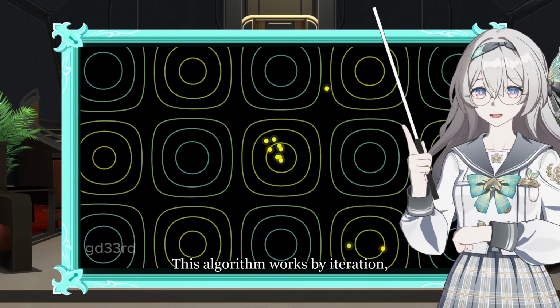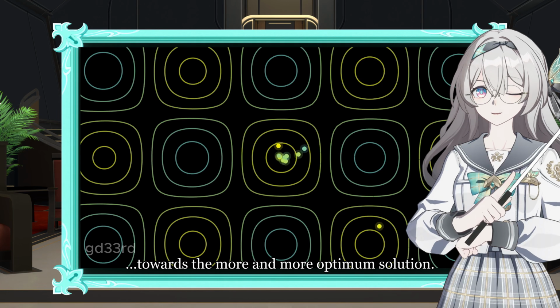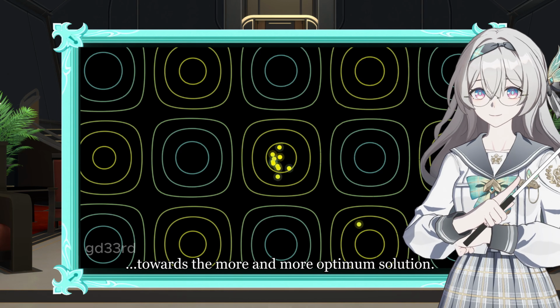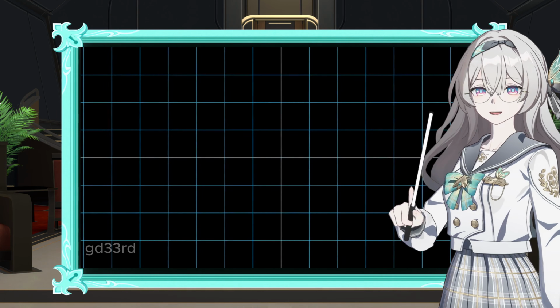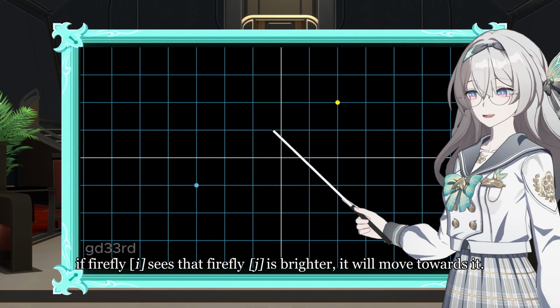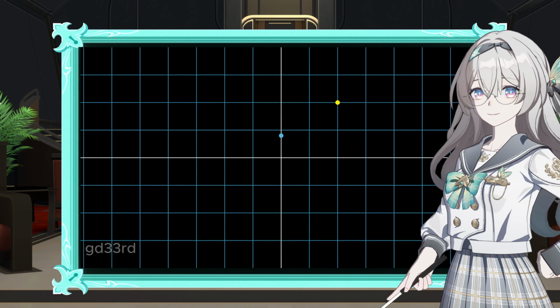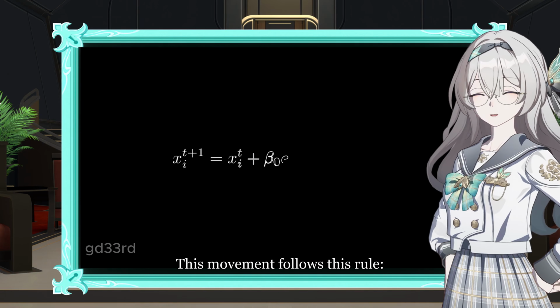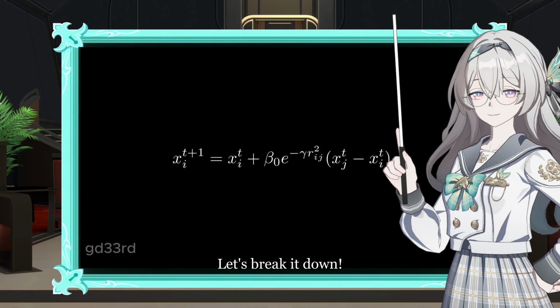This algorithm works by iteration, meaning each step t moves the fireflies towards more and more optimum solutions. More precisely, at each iteration step, if firefly i sees that firefly j is brighter, it will move towards it. This movement follows this rule. Let's break it down.